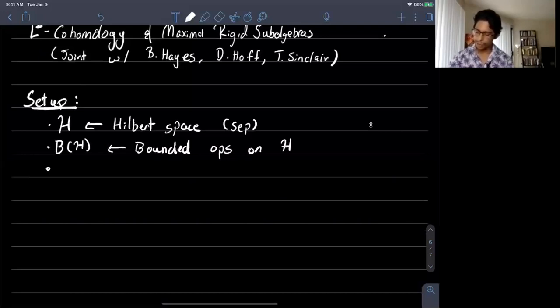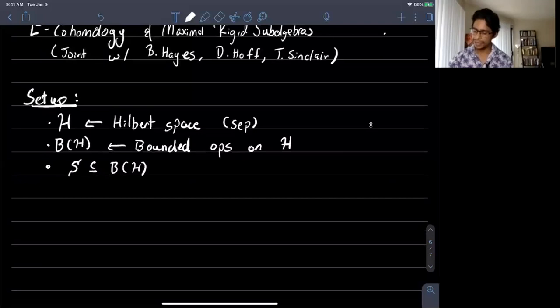And whenever I have a subset S of the bounded operators on this Hilbert space, I will write this prime symbol to denote the set of all elements in B of H with the property that they commute with every element in the initial set S.